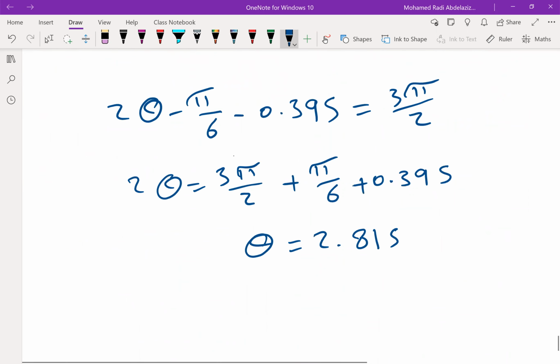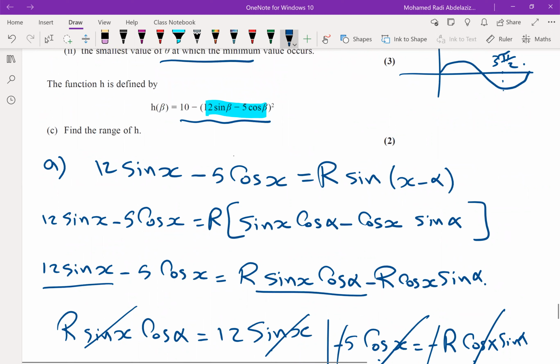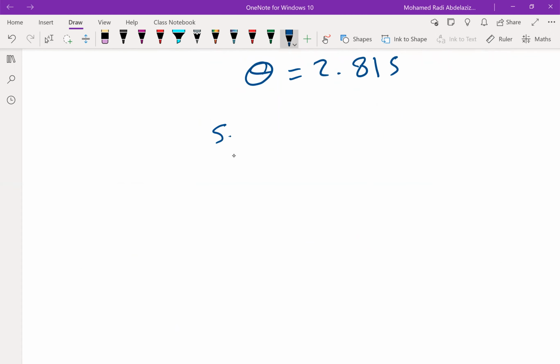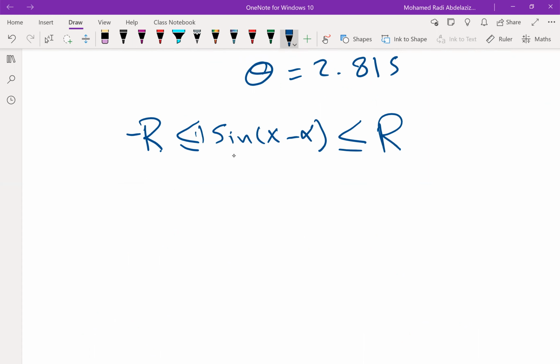The range of this expression, I will start with sine (x minus alpha), its range between -1 and 1. When we multiply by r, it will be from -r to +r.